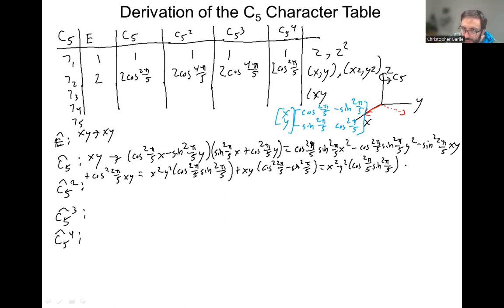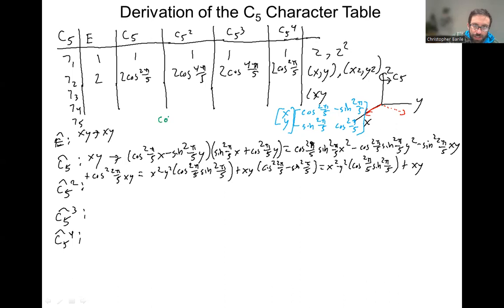But this last term, I'm going to do another one of these trigonometric tricks that we have in blue. Let's do it in green. And you may remember that cosine squared of x minus sine squared of x is equal to cosine of 2x.